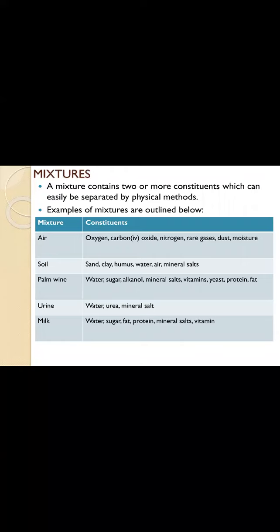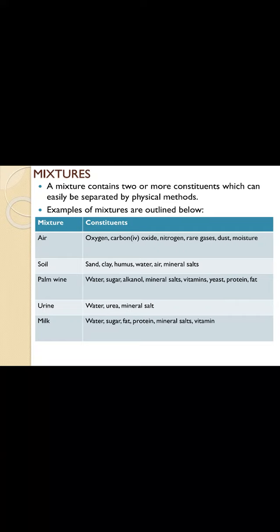We can see that in our air, we have so many elements and compounds. We have oxygen, carbon dioxide, nitrogen, rare gases, dust, moisture. So these are the constituents of air.